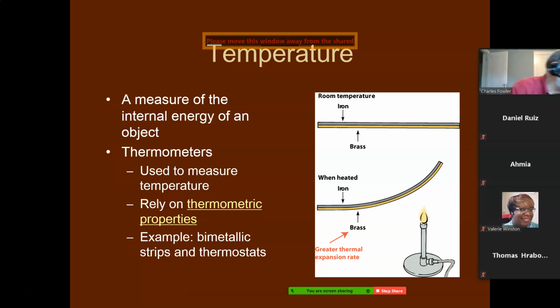And basically what happens is, hard to see it with this, but there's a vial of mercury that as it tilts, then that could either turn on a switch that might turn on your heater if it goes one way, or turn on the air conditioner if it goes the other way, depending on that bimetallic strip. So that's used in thermometers, but also used in thermostats to help regulate and control temperature. All right, any questions on temperature?